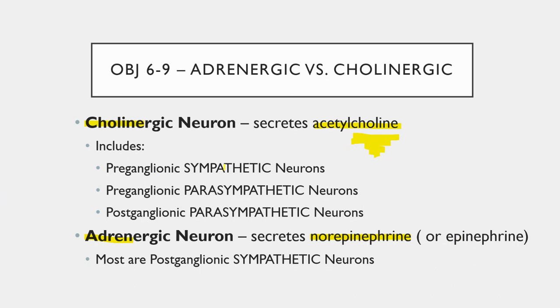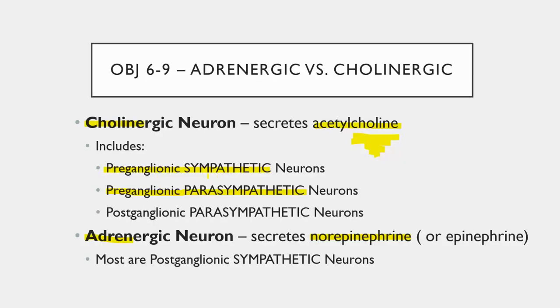Now, in terms of this right here, I know this can seem kind of confusing because we have pre and post ganglionic, and those are big words, but these are the specific neurons that are going to be considered cholinergic neurons. So here you have preganglionic sympathetic and preganglionic parasympathetic. So you can see that all of your preganglionic neurons are going to be cholinergic.